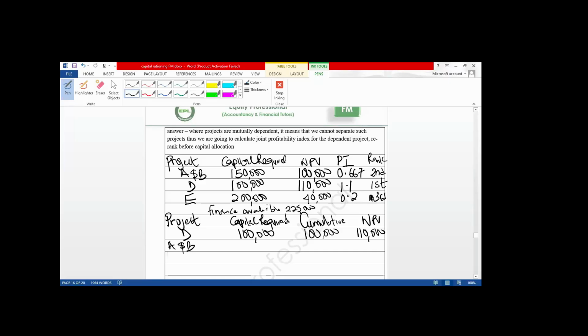That means you cannot do projects A and B 100%. Please calculate the percentage you can do for projects A and B. It's 83.33%.